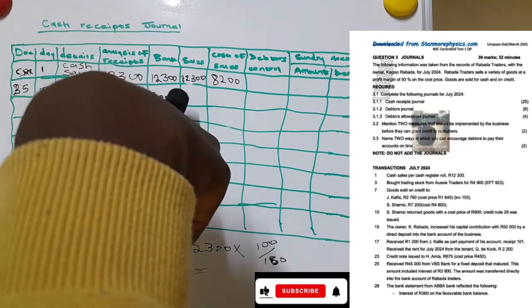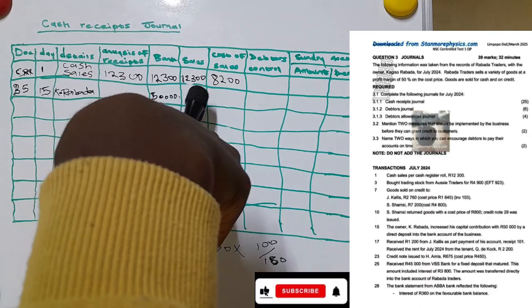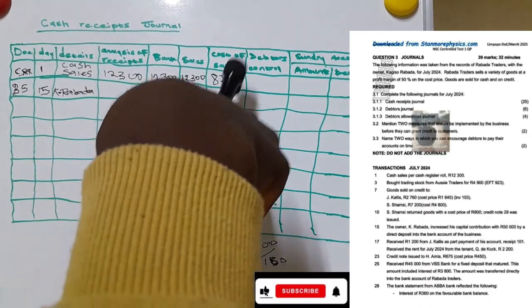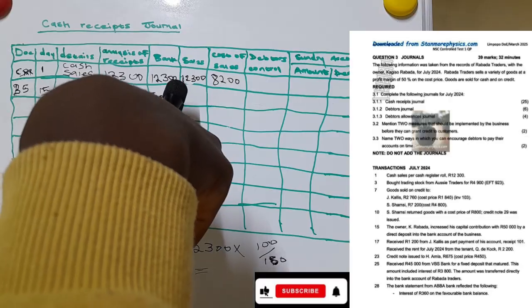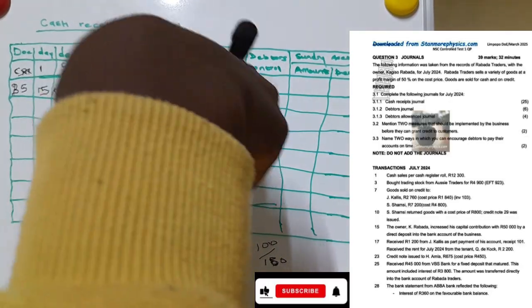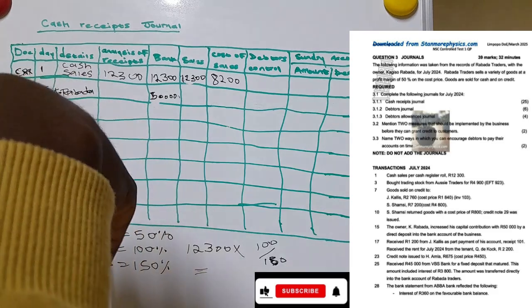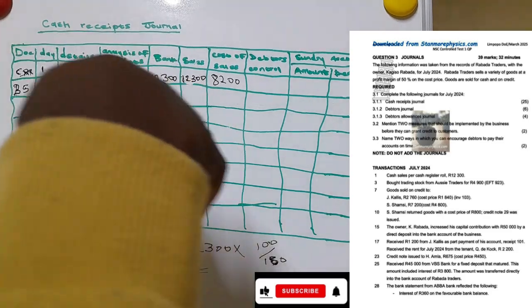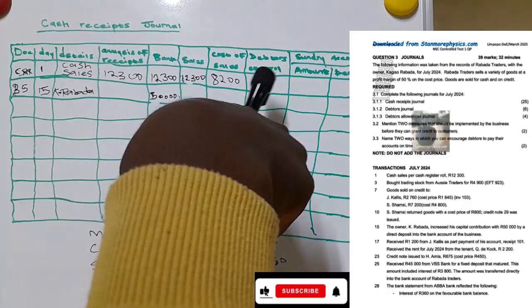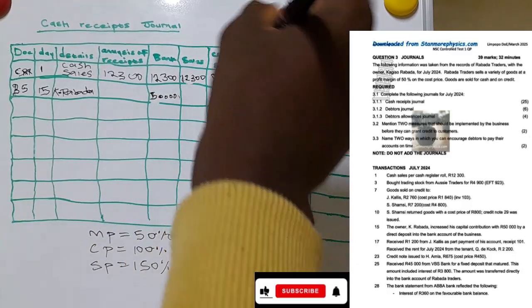And then, as you can see here, we don't have another column where we can record this money. We have sales, cost of sales, debtors control. This money is not for sales, it's not for cost of sales, it's not for debtors control, but it's capital contributed by the owner. Meaning, if we don't have any column for this one, we are going straight to the general ledger.